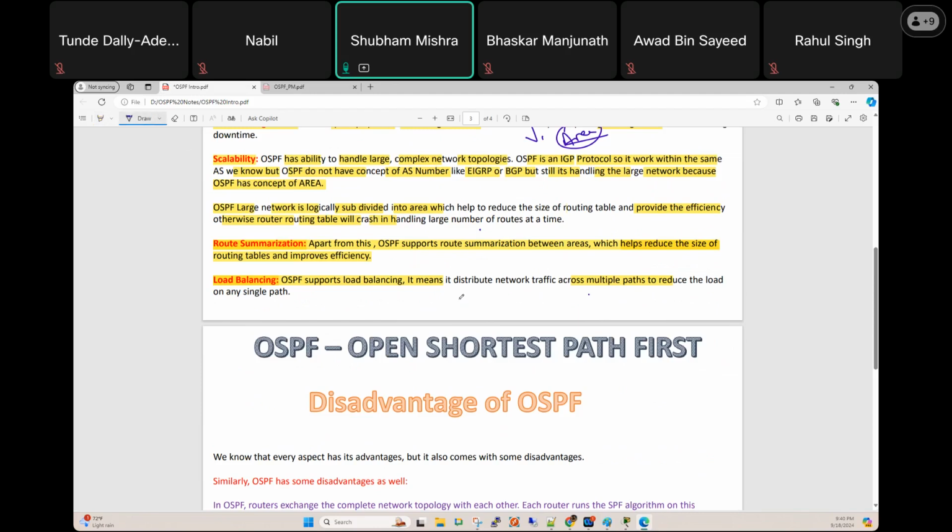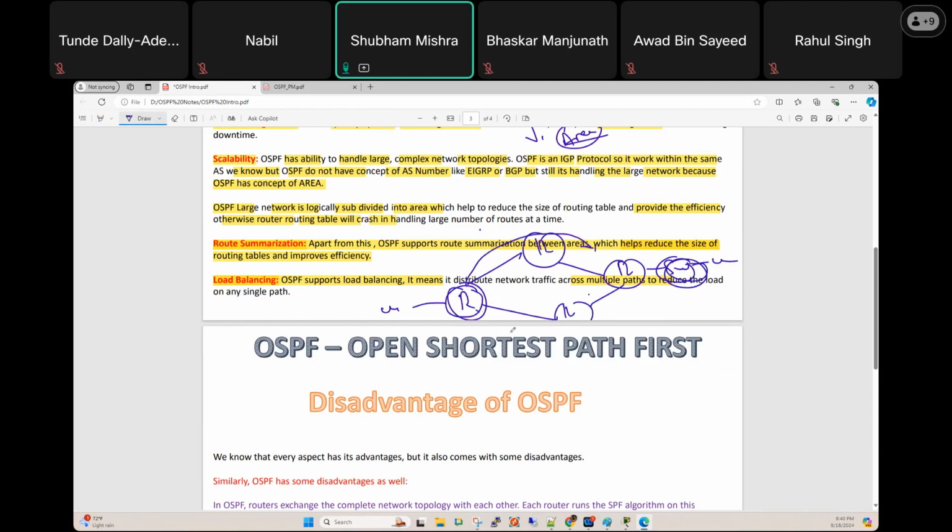For example, this is the router, this is the router, this is the router. There is a switch and this is the user. Let's suppose this router needs to reach this network. So this router can reach it either through this path or through this one.